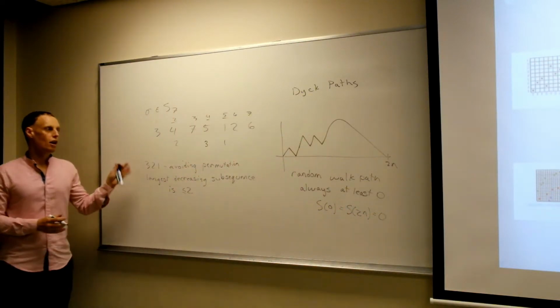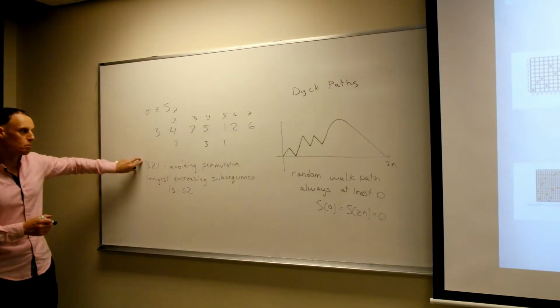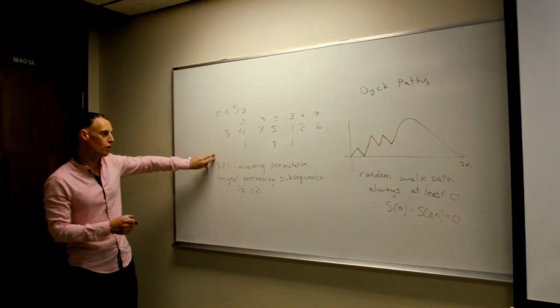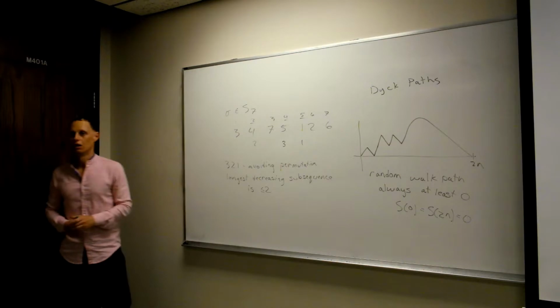So in particular, we have a bijection between any set of permutations that avoid a pattern of length 3 and Dyck paths, and that would be very useful.